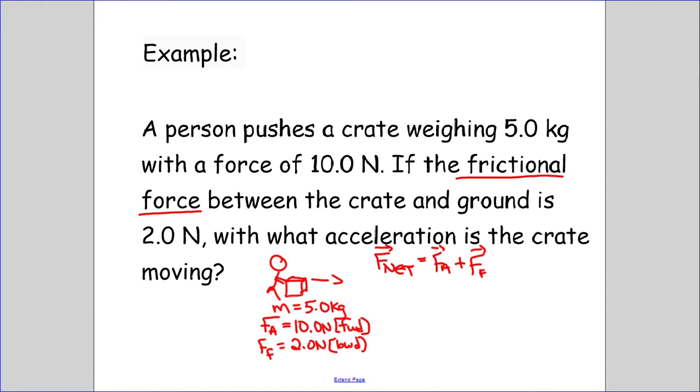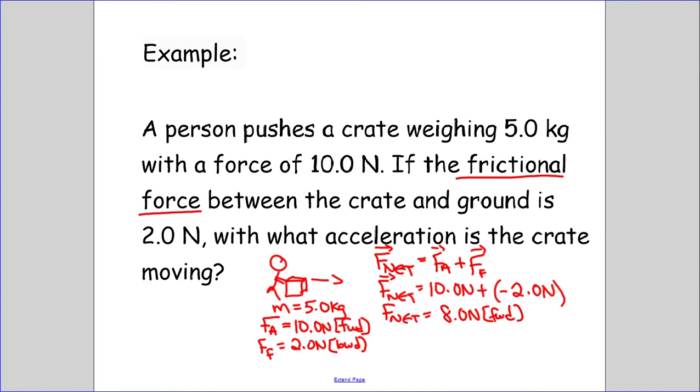And so if I take a look at my net force equation, remember that the sign will be negative if I have something moving backward. So I have 10 newtons moving forward plus 2 newtons slowing me down, 2 newtons moving backward. That means that the net force in this scenario is just going to be 8 newtons moving forward.